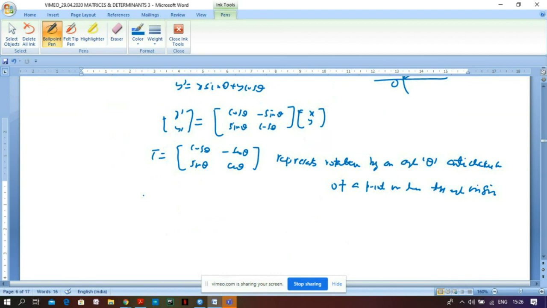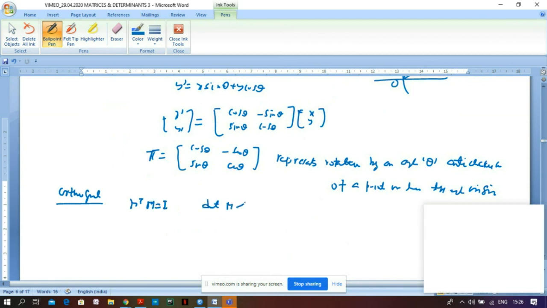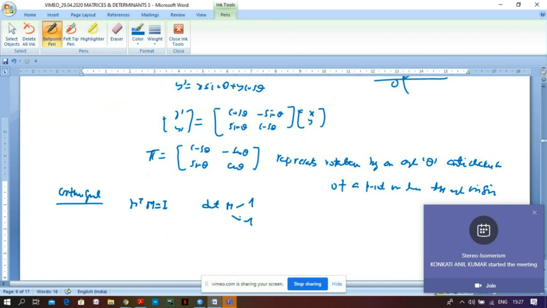Now notice two things. Wherever you have got a reflection matrix, we know that an orthogonal matrix is defined by M transpose M equal to I, and so we get det M either 1 or -1. What is the geometrical significance of it? Algebraically, det M is 1 or -1.